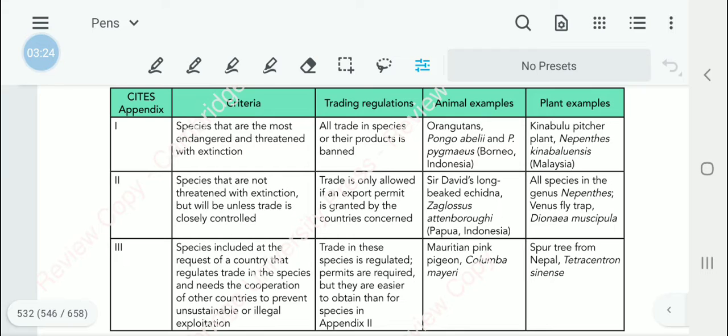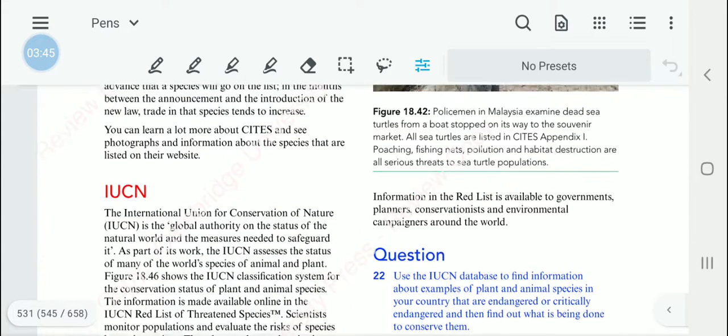It is easier to obtain compared with appendix 2. Then the examples are the Mauritian pink pigeon, Columba mayeri. Then plant examples are the spur tree from Nepal, Tetracentron sinense. Those are the scientific terms.